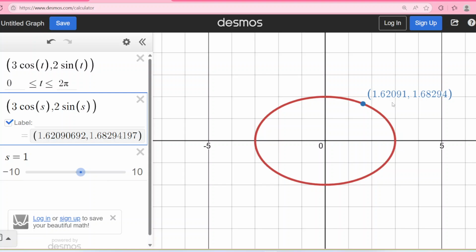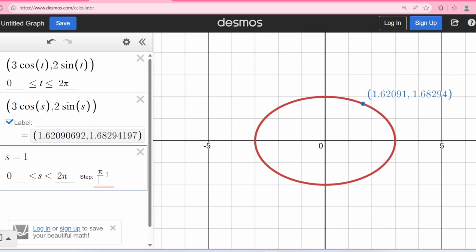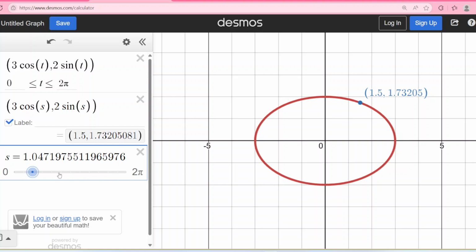Now S is like t. So when t is 1 radian, we're at this location where x is 1.62 and y is about 1.68. I'll change this slider range from 0 to 2 pi and have it go every pi over 6 for the step, just like in the table.